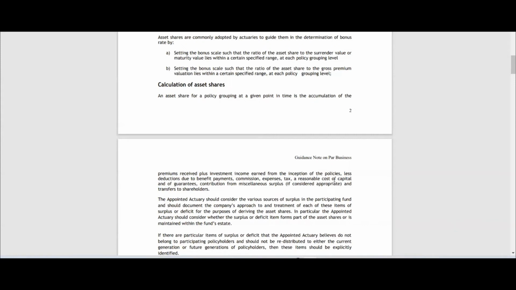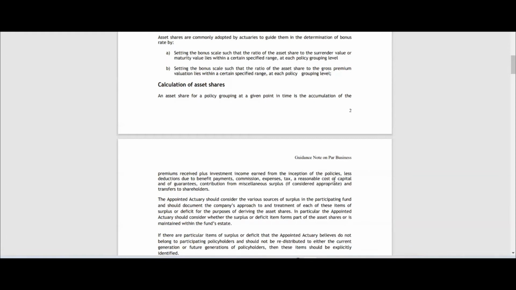However, over a period of time, you give bonuses, right? The reversionary bonuses, and there will be terminal bonuses. When you give bonuses, the sum assured increases, and that increase over and above the basic benefit is called the cost of guarantee, right? Sometimes I have seen people use cost of guarantee to include cost of insurance, because the basic benefit is also a kind of guarantee that the insurer is providing.